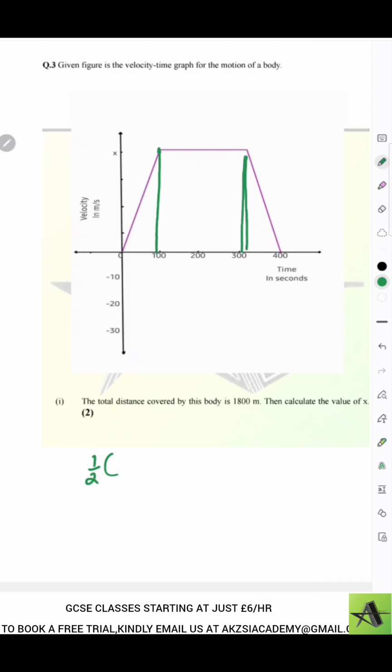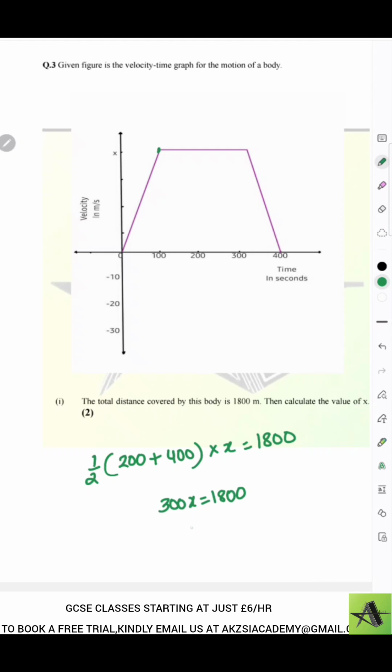If I draw this, 300 minus 100 is 200, plus this one is 400, times height, which is x, and this equals 1800. So this one will give me 300x equals 1800, and x equals 6. So this is 6 basically.